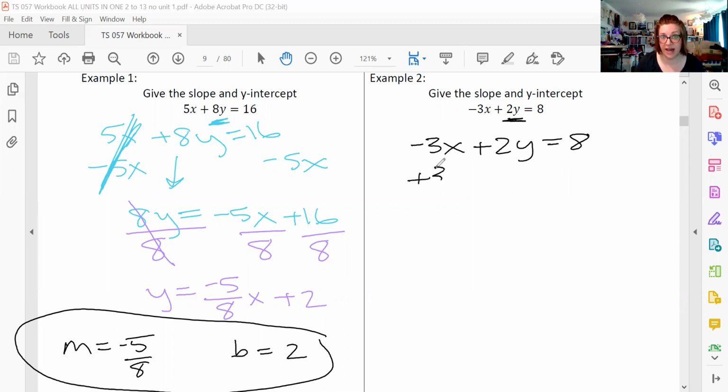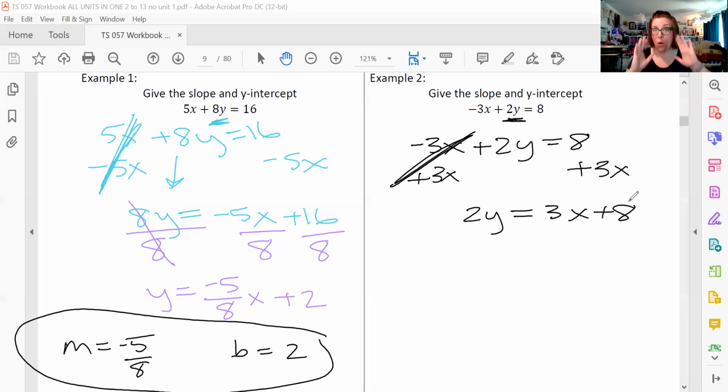This is negative 3x, so I'm going to add it to move it across the equal sign, doing the opposite sign. I have 2y. Again, I'm going to put the 3x in first because I'm headed towards y equals mx plus b, so the x needs to be right after the equal sign.